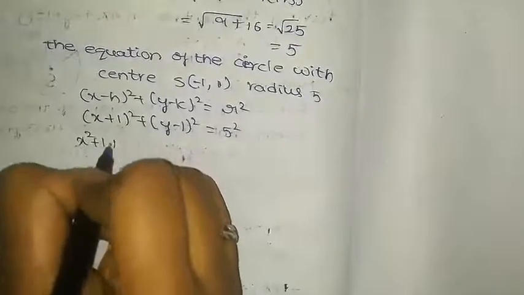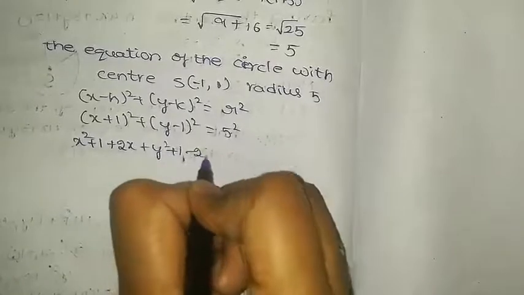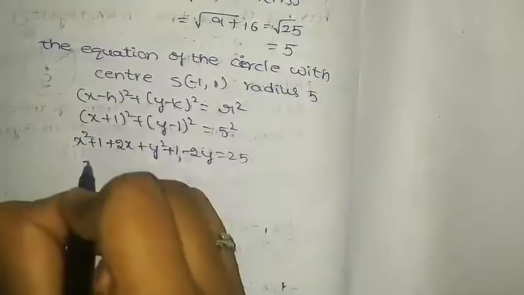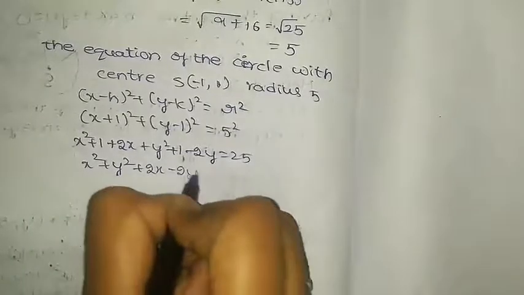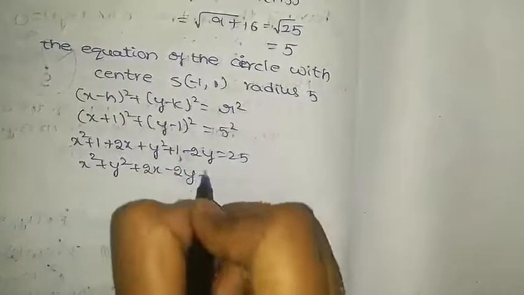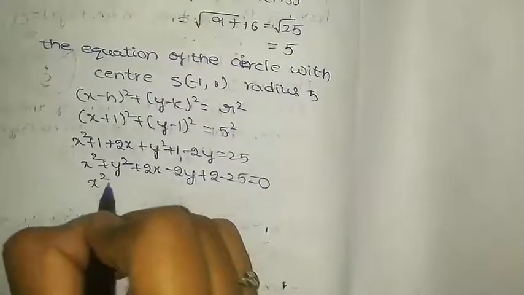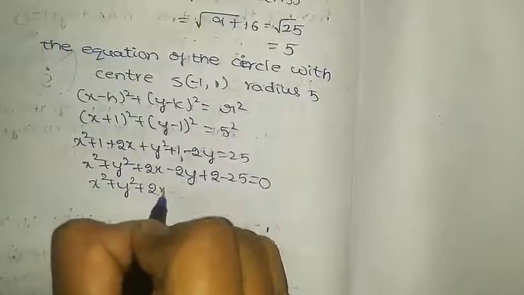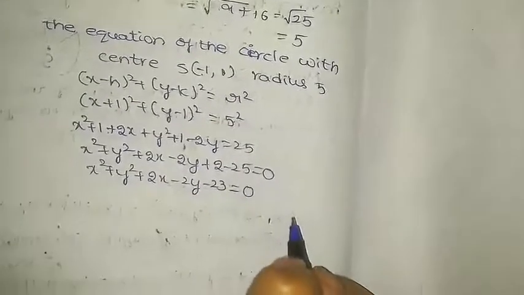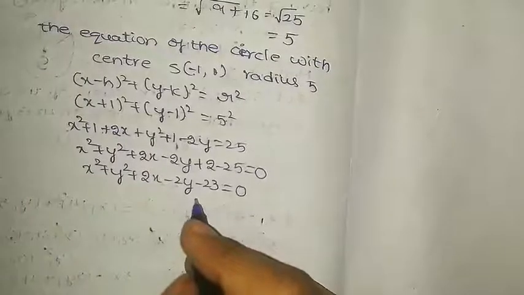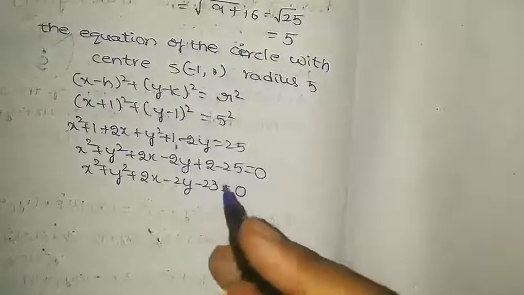X square plus 1 minus 2x plus y square plus 1 plus 2y is equal to 25. So x square plus y square minus 2x plus 2y, 1 plus 1 is 2, minus 25 is equal to 0. That is x square plus y square minus 2x plus 2y minus 23 is equal to 0, the required circle. So we have the same model, the fourth problem. Let us do it with method 2.